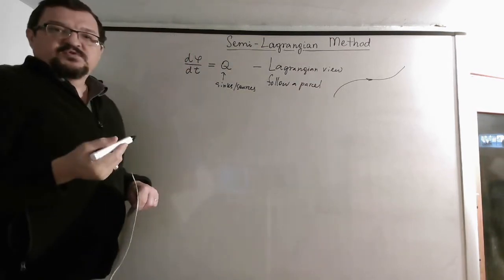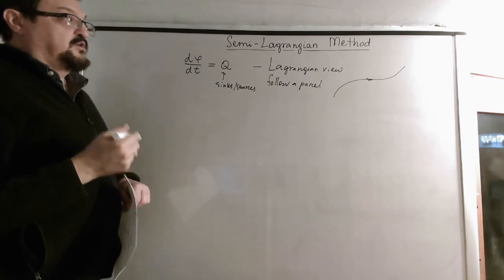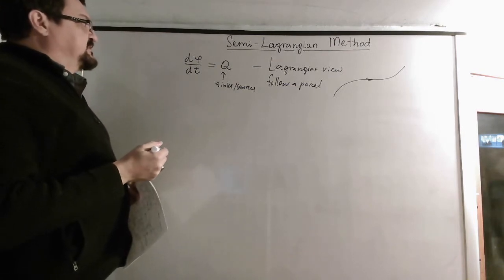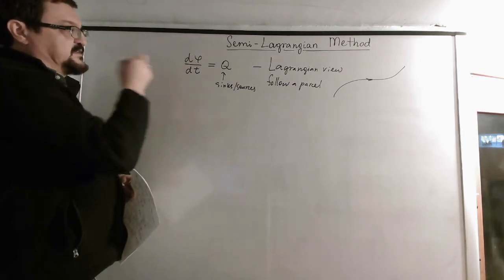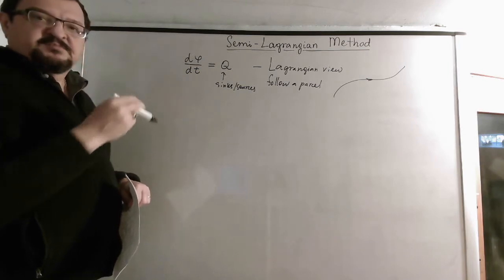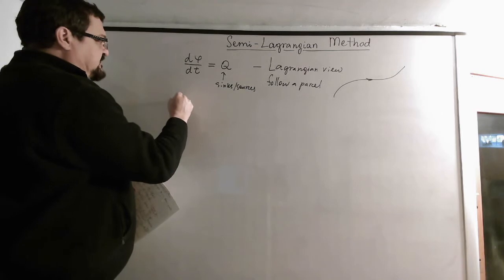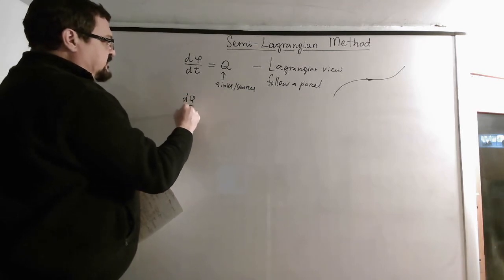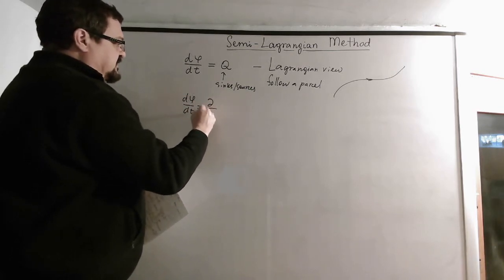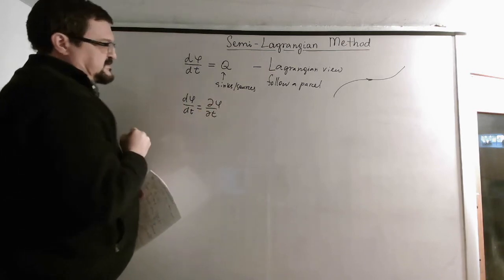And there is another view, which is called the Eulerian view, where you can write this full-time derivative in terms of partial derivatives in time and space. So d phi dt equals partial d dt of phi in time.